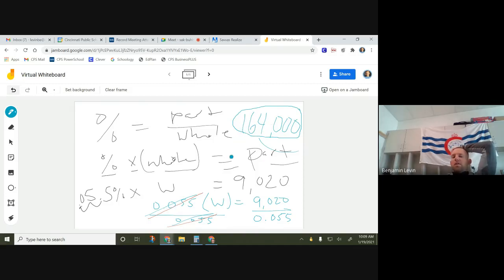Now, when the buyer, or more than likely the mortgage company, because nobody usually has this much money sitting around, cuts a check for $164,000, the seller of the house is going to turn around and cut a check to the realtor for $9,000 as payment for their services for advertising.